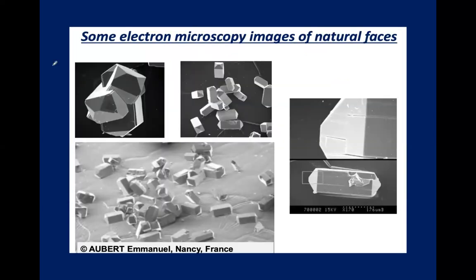Another image you can see at atomic level by electron microscopy. There you see natural phases at a very small scale. I don't know whether you can see the scale clearly here. Let me see.